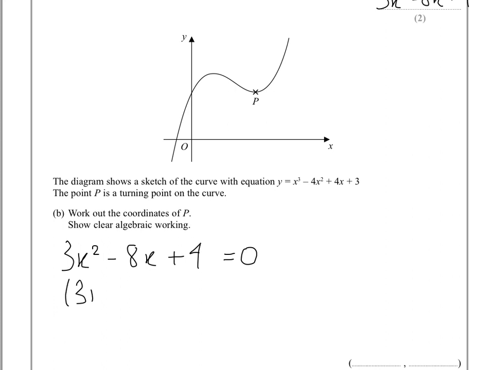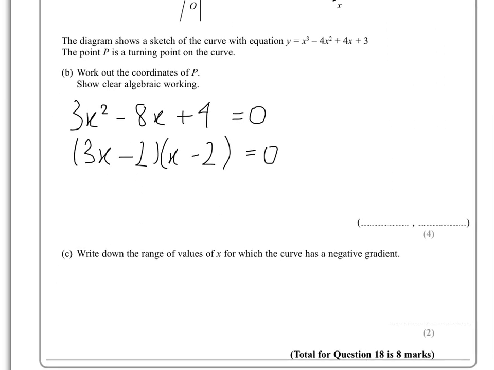Factorizing this then gives us (3x minus 2)(x minus 2), and we know that's equal to 0. So based on this, we know that x is either equal to 2 over 3 or x is equal to 2.